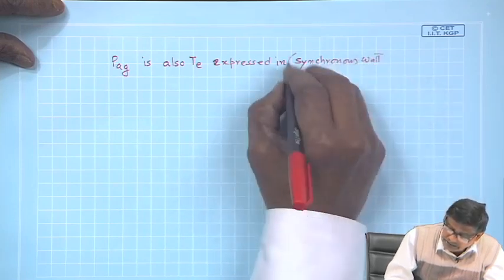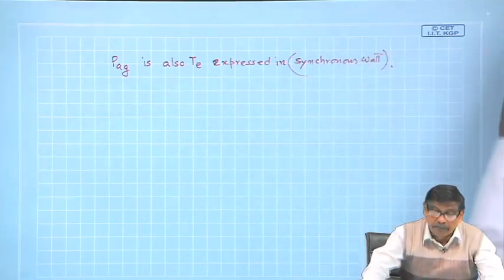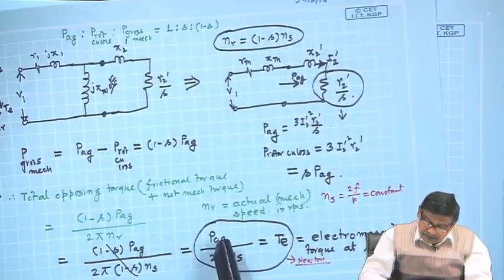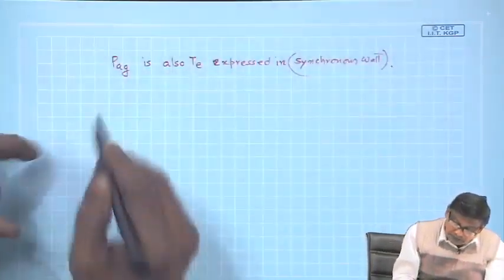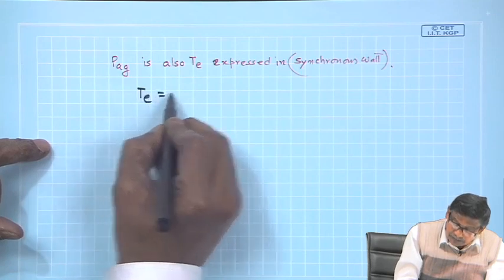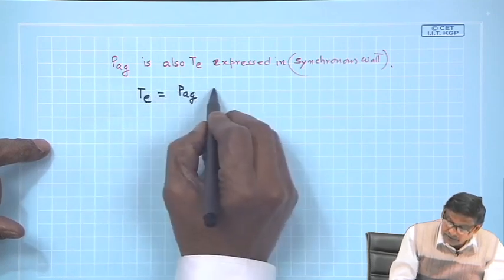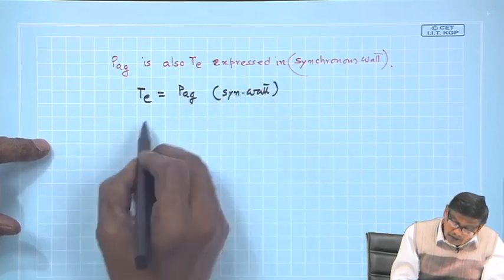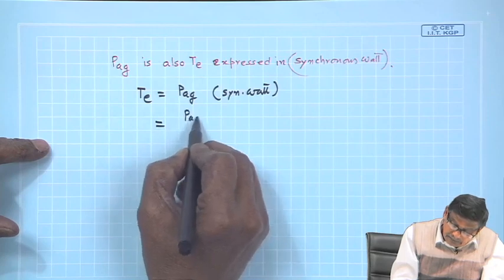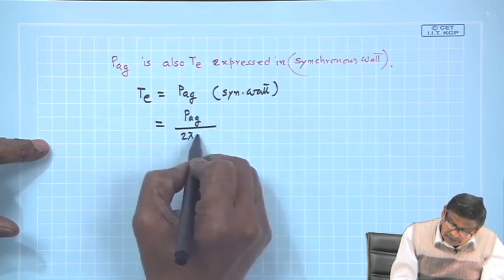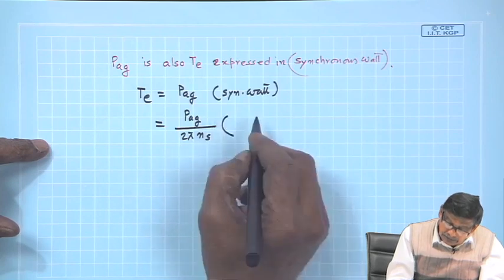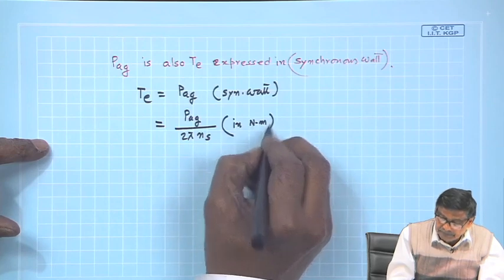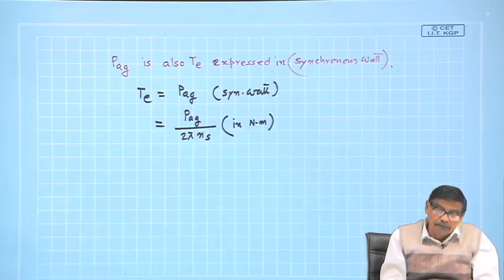So, sometimes torque is expressed in synchronous watt; you can write torque T equal to PAG, absolutely correct, but write synchronous watt as its unit, or you write PAG by 2 pi ns, and this will be in Newton meter. That is the thing, should just recall.